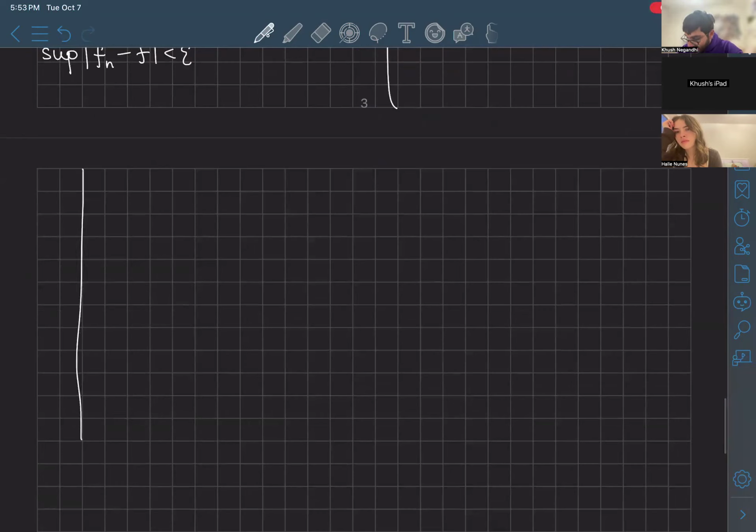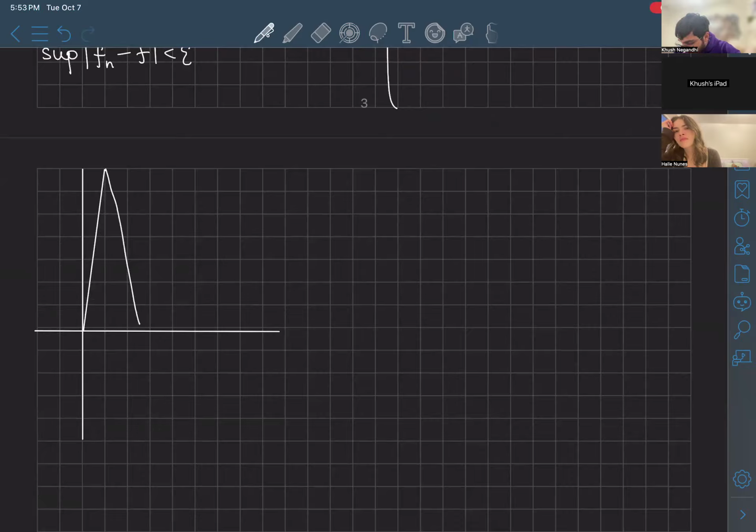Let's say I look at functions of this form: they have a big spike, and then they come down, and then there's zero everywhere else. This is at 1 over n.